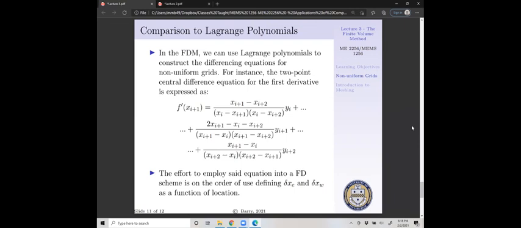Now, if you have a non-uniform grid, you have to use Lagrange polynomials. So if we look at our 2-point central difference equation for the first derivative, I'm going to bust out my numerical methods book here because I forget. 2-point central difference. I'm going to write this down.